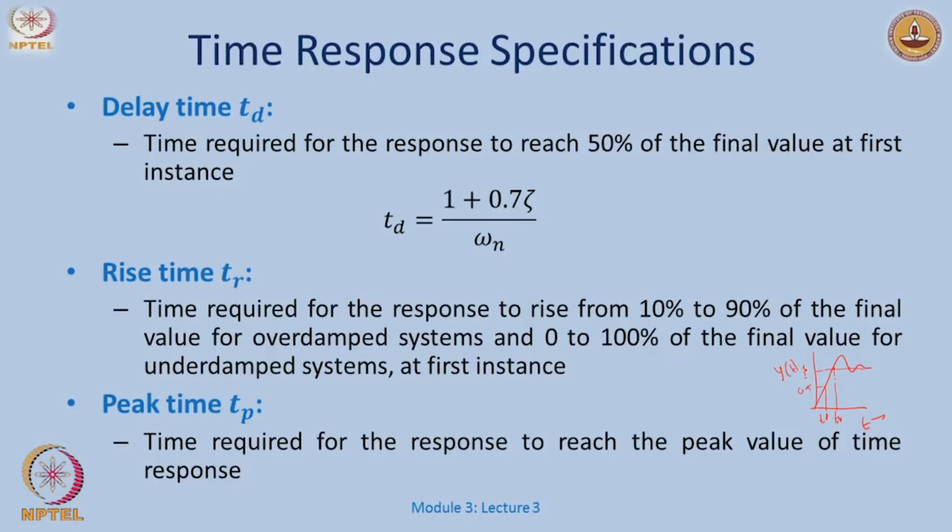Similarly, the peak time is the time required for the response to reach the peak value. So, somewhere here, this is my peak time. Then I will also quantify, if I reach a peak and go from the desired value to some other value, how much is this overshoot.